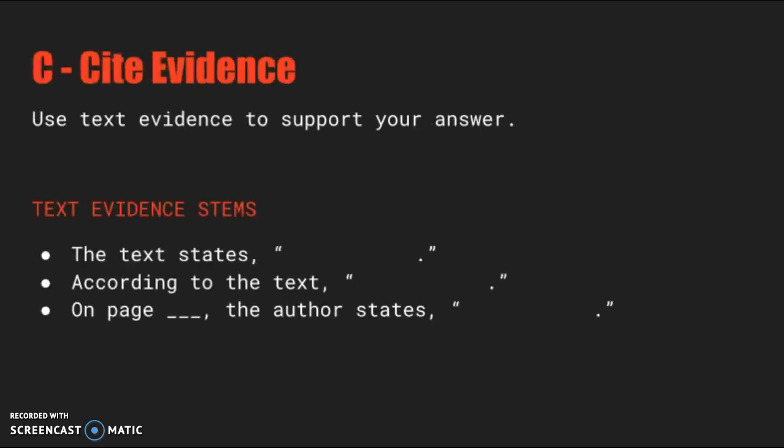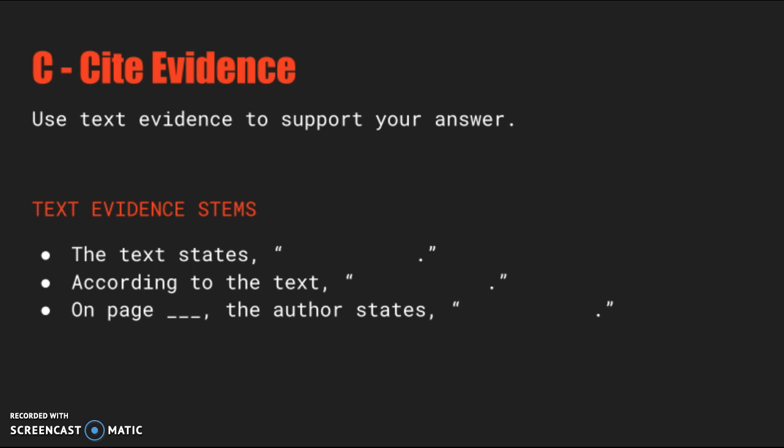Next is C, cite your evidence. This is the most important part of the RACE strategy. This is where you prove that your answer is correct using evidence from the text. And so I provided some text evidence stems for you to help you when answering these RACE questions. The first one, the text states, and then you would put your quote from the text.